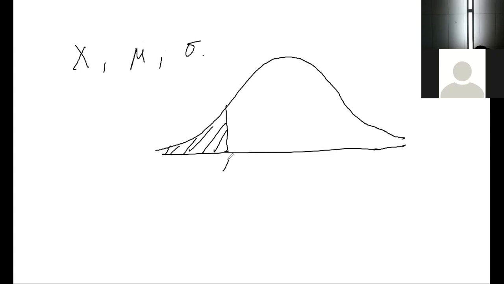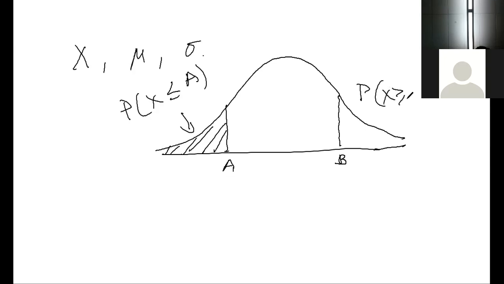We can call this number A, or we can have another number here, B. So this is called the area under the curve, which is below A. This is how we write it. This area is the area under the curve, which is above B. And the middle here is the probability that A is less than X, less than B.